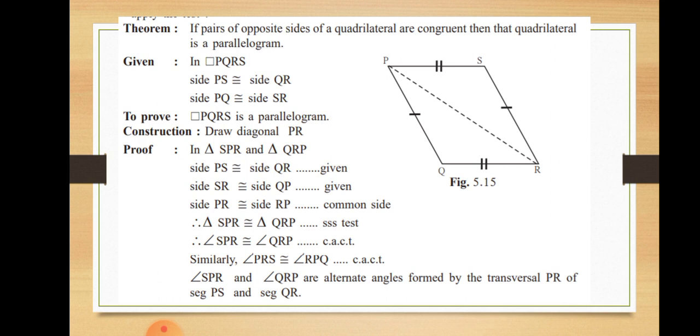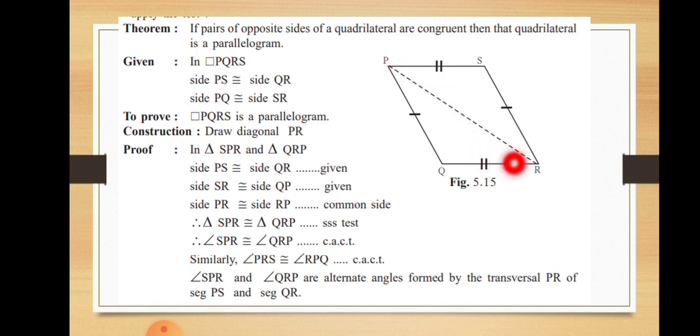And what is the measurement of an angle? That is angle SPR congruent with angle QRP, that is CACT, the corresponding angles of congruent triangles. Okay. Now here this SPR and this QRP, what are they? Look at this. This angle is congruent with this angle.